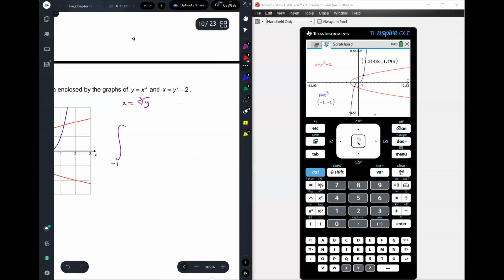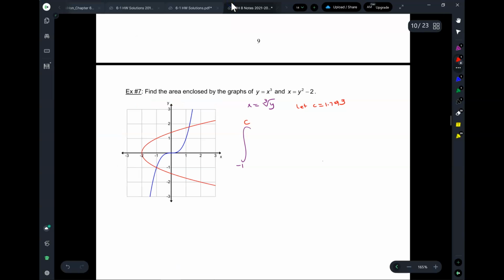When you do that, you always have to put in here, let C equal 1.793. So here we go from -1 to C, cube root of y minus y squared minus 2 dy. You see that? They're all in y's. So 4.215 is the answer there.